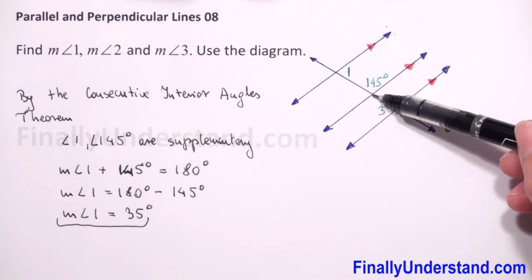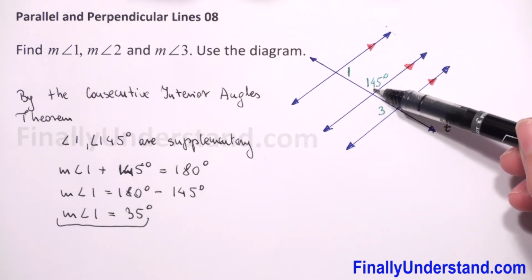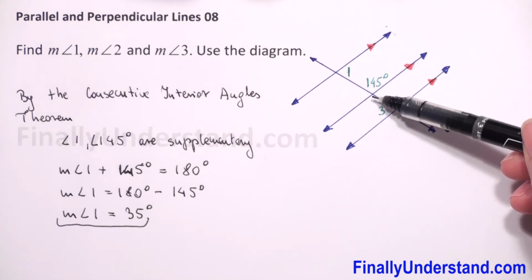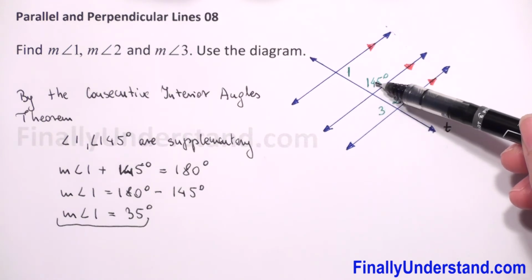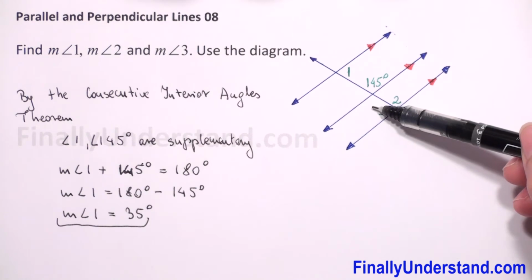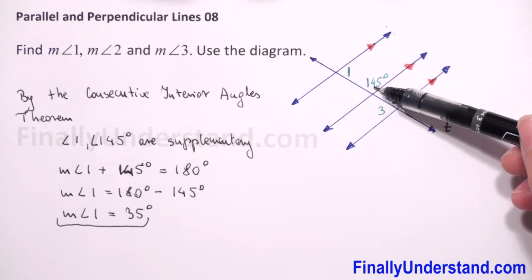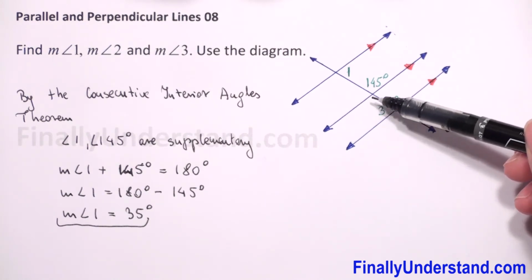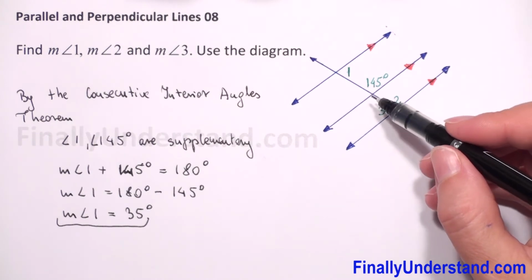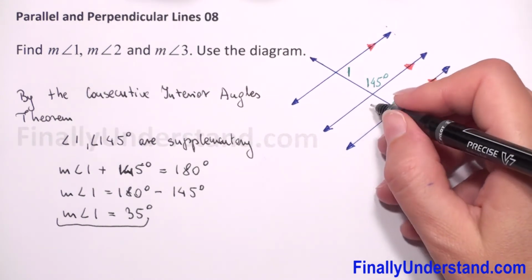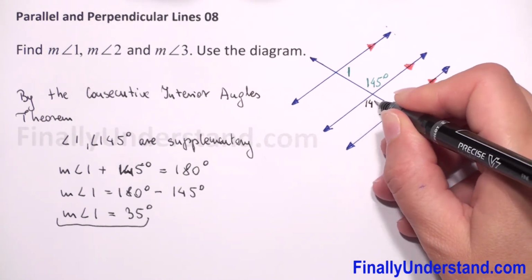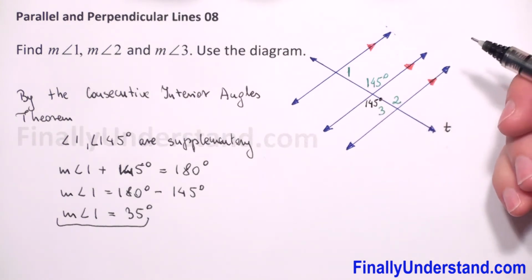So that angle has the same measure as this one, because we have here vertical angles and we know that vertical angles are congruent, so they have the same measure. So let's put here that we have 145 degrees too.